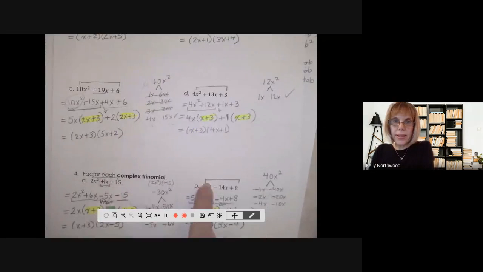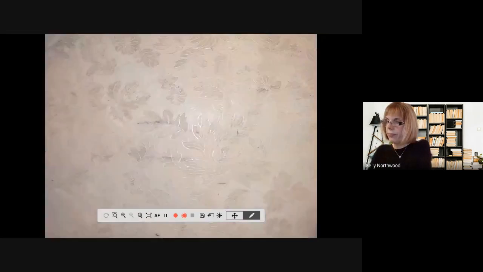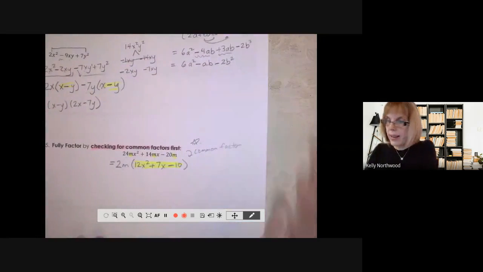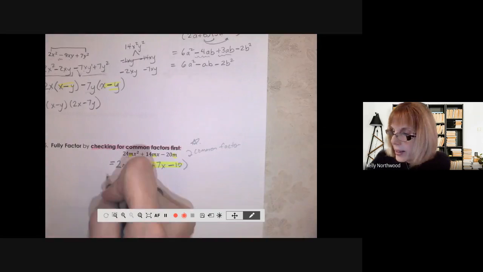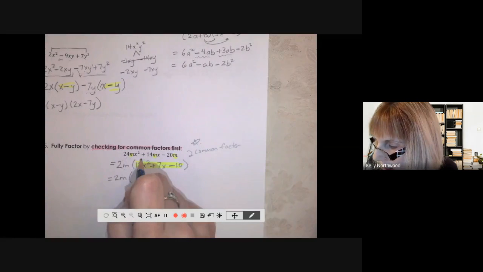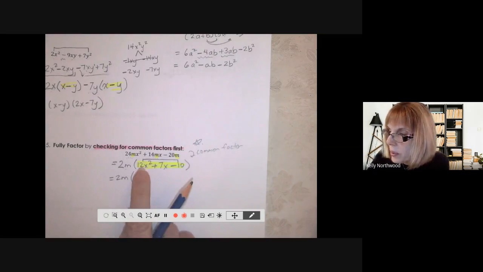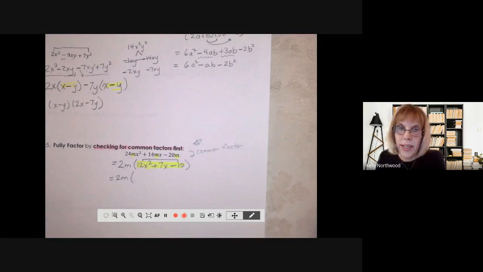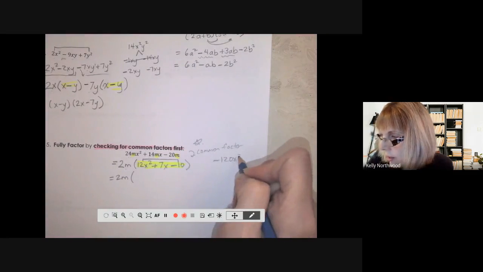Okay, so it looks like a complex trinomial, which means that I can continue factoring inside this bracket. So it's going to require some nested brackets, but my next step would be just looking inside the bracket here. I'd realize I need to do decomposition, and I'd multiply the 12x squared by the negative 10 and get negative 120x squared.